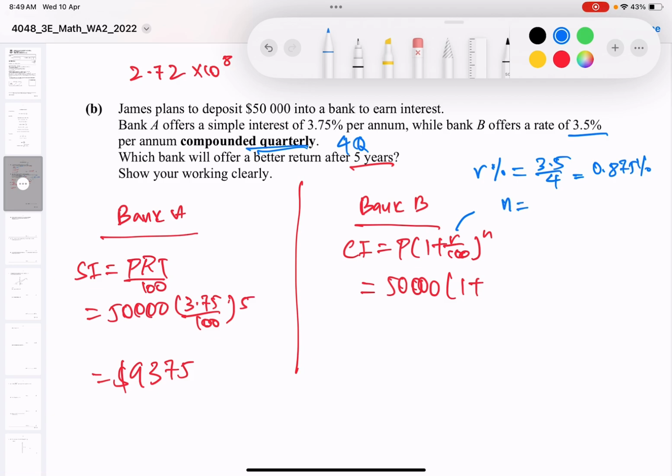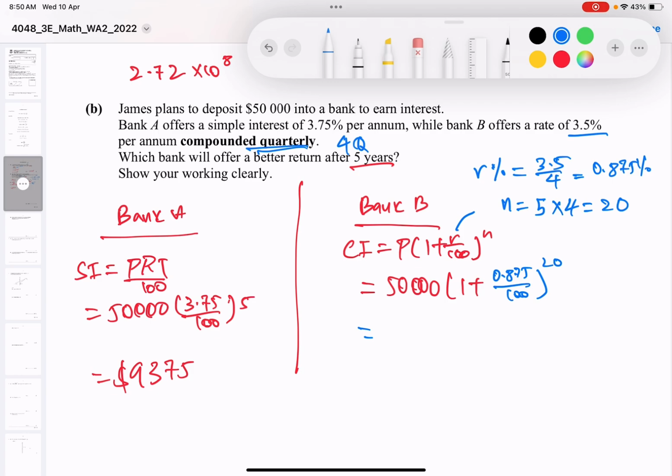Okay, and what is the N? N is the number of times I need to compound. So in 5 years, I need to compound. Every year I need to compound 4 times. So means I need to compound 20 times in the span of 5 years. So let's substitute it in. My interest rate is 0.875 divided by 100. I'm going to compound it by 20.